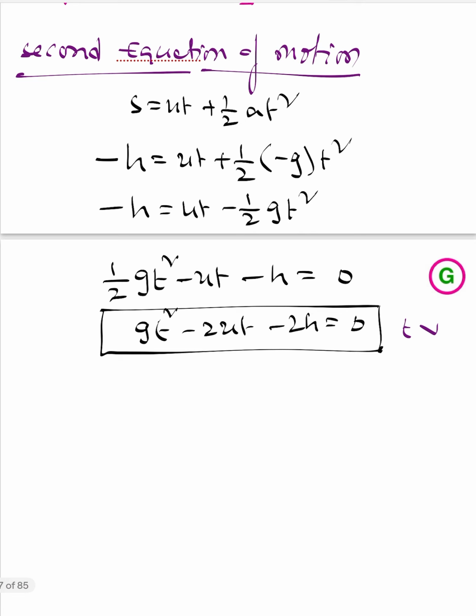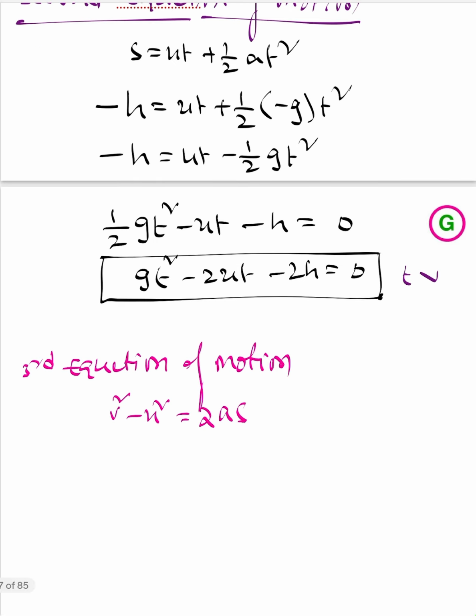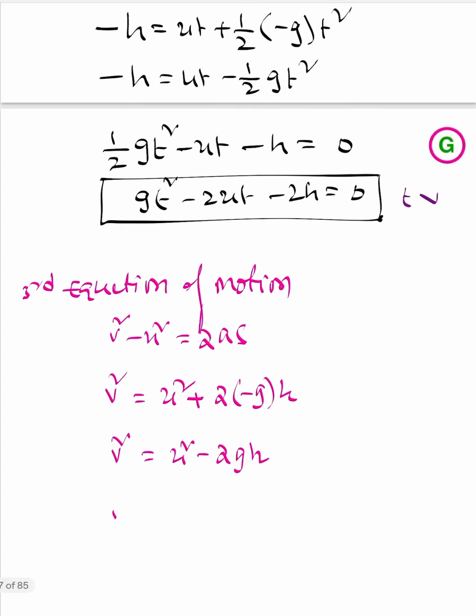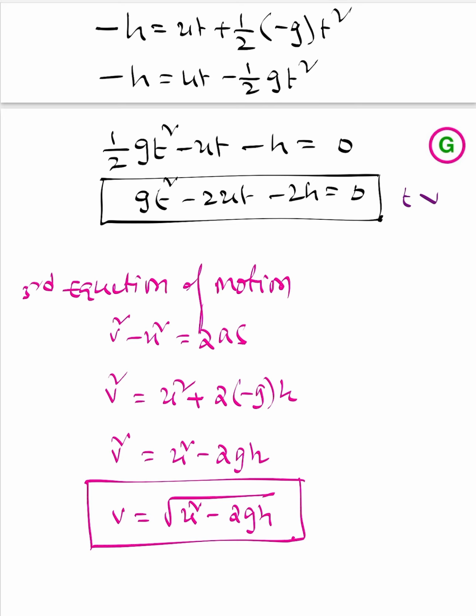For the third equation of motion, v square minus u square equal to 2as, so v square equals u square plus 2 into minus g into h, so v square equal to u square minus 2gh. Then v equals the square root of u square minus 2gh gives the velocity.